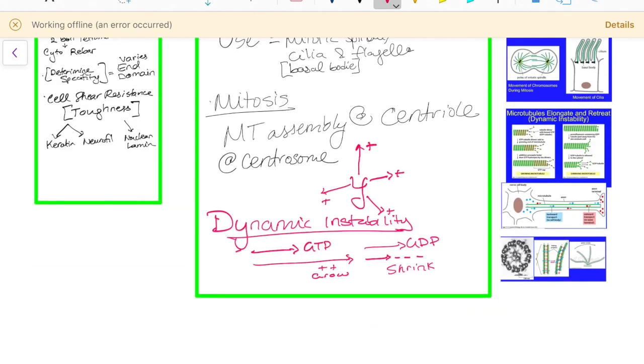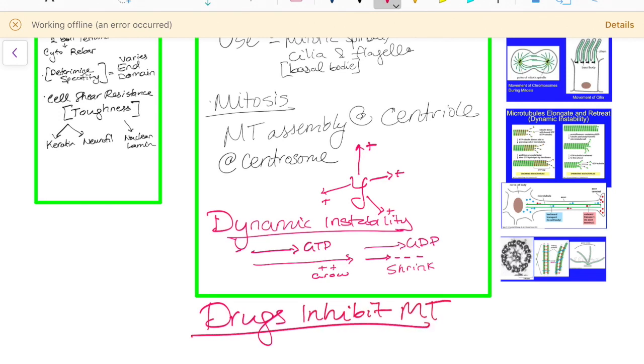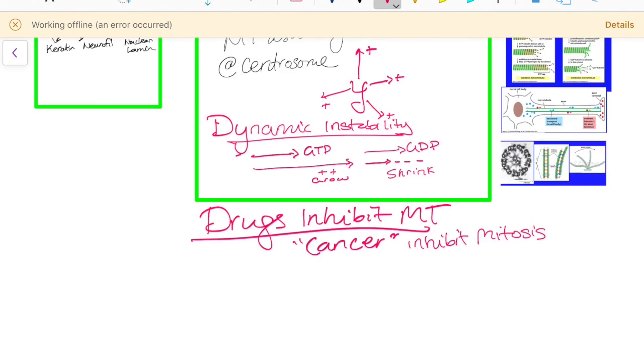So lastly, we just have to talk about the drugs that can inhibit microtubules or break microtubules, and these are important in cancer because you can inhibit mitosis. So you have two, colchicine and vinblastine or vincristine.